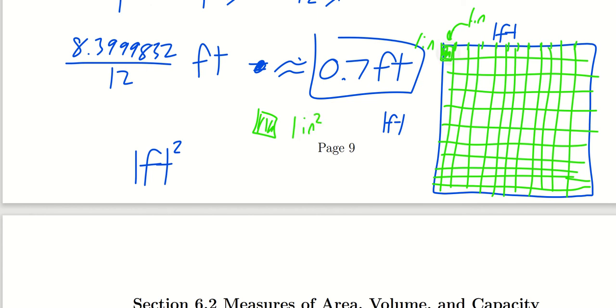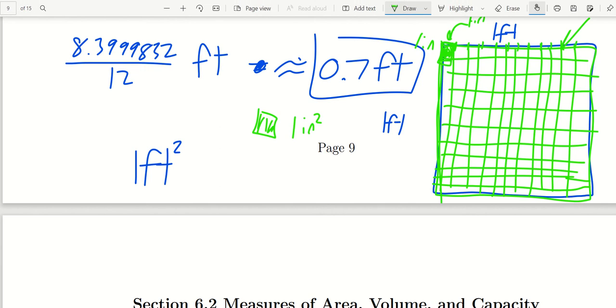And if we think about how many of these little blocks fit into this 1 square foot grid, the answer is 12 times 12, or 144 of them. So in that way, we can see that 1 square foot, which would be this big square here, is equivalent to 144 of those little 1 inch by 1 inch squares.